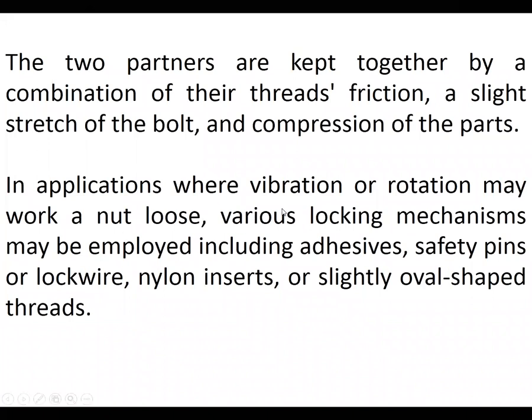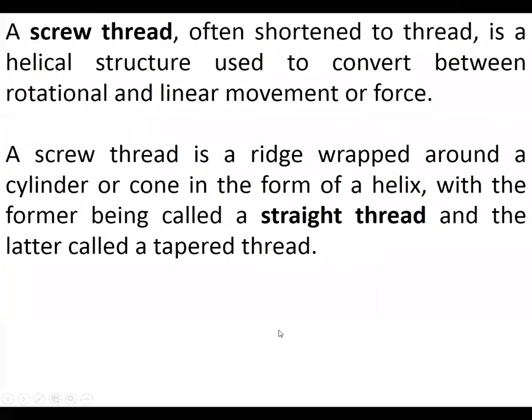So that is why the vibrations or rotations must not be loose. In those cases, tie them so that the vibration can be avoided. So likewise, we have seen some ways of avoiding forces here. Screw threads are often shortened. And one more condition we can take here in terms of avoiding screw friction.